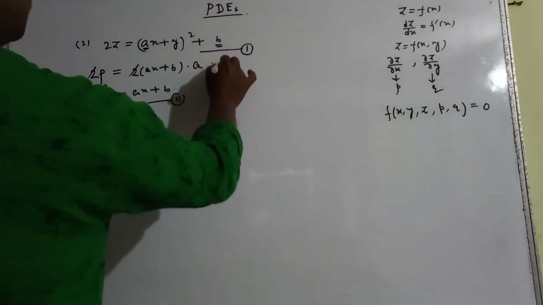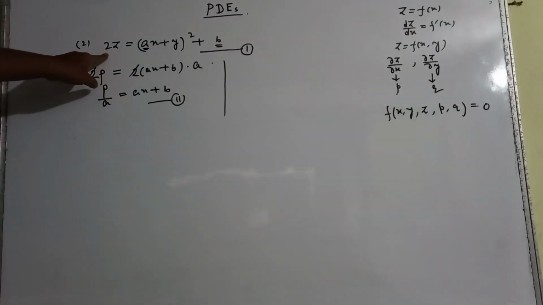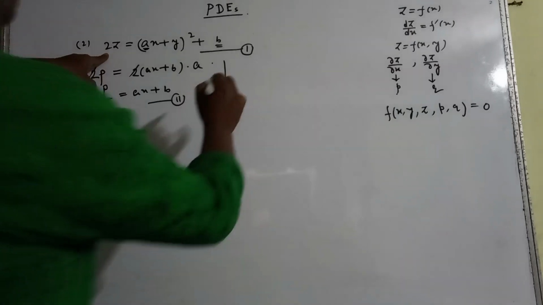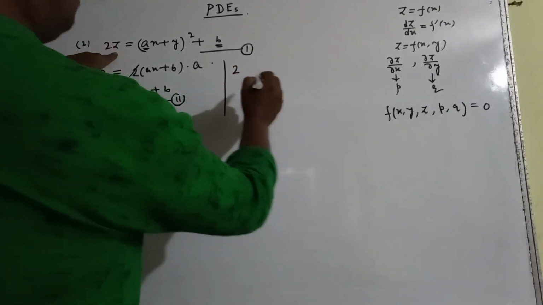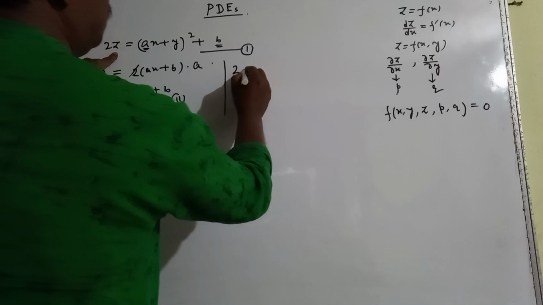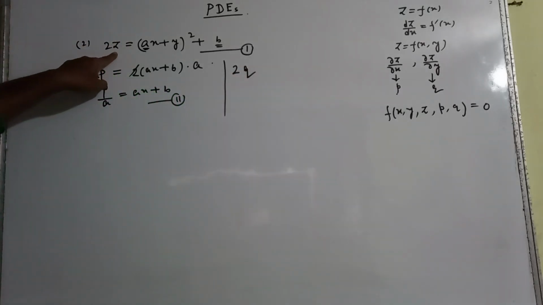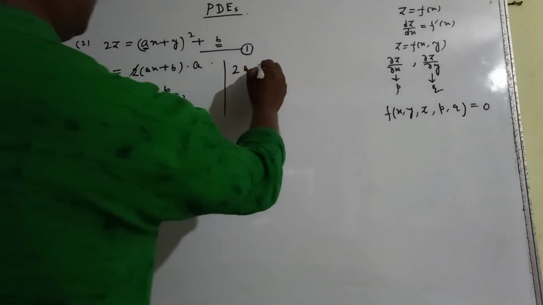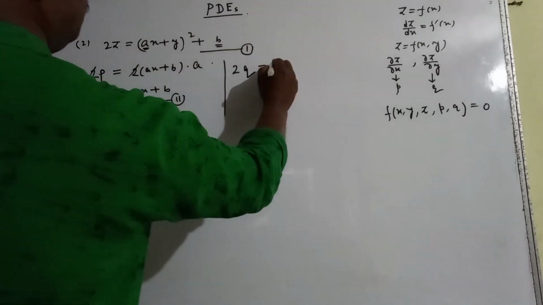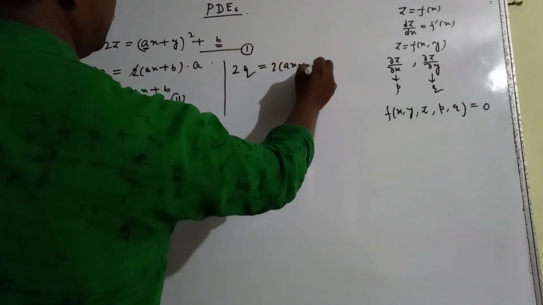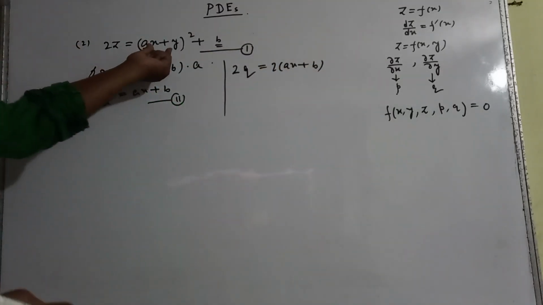Again, if we differentiate with respect to y, we get 2 del z del y, and del z del y means q. Since it is a square function, it will be 2(ax plus y) into the partial derivative of ax plus y with respect to y.